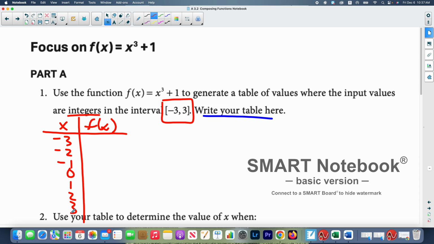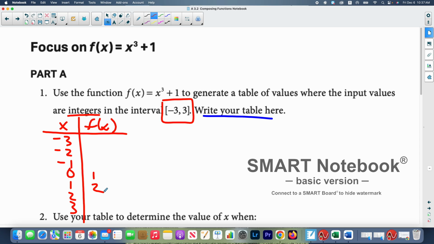Which of these values do you think we probably wouldn't have any disagreements about? 0. All right, so if I plug 0 in, 0 cubed is 0, plus 1 is 1. The positive ones, I think we probably all agree on. So what's 1 cubed? 1 plus 1 is 2.